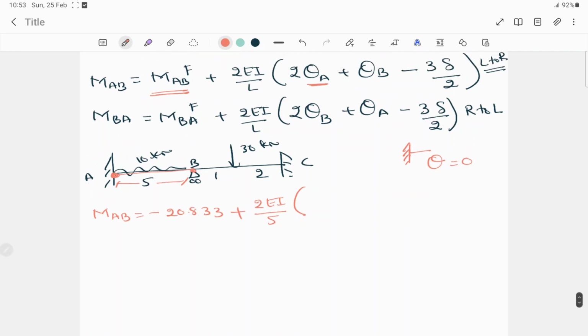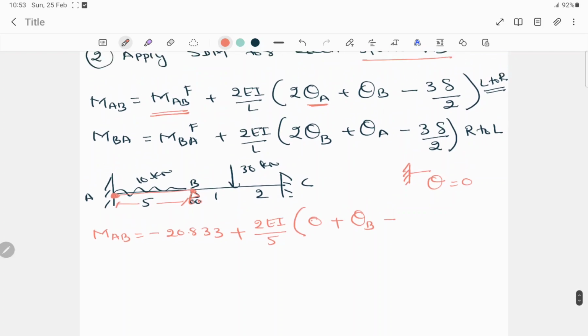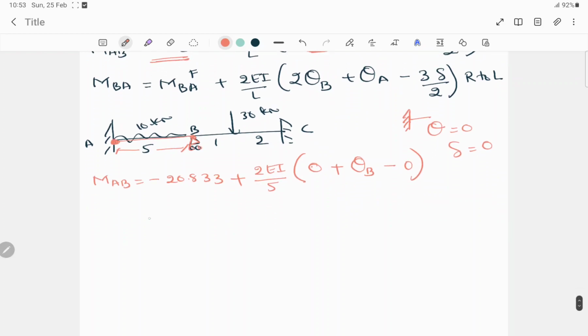So theta A will be 0, plus, here it's a roller support, right? Some value will be there, so we'll keep it theta B, minus, here in the question there is no deflection mentioned, so the delta value also we will take as 0. So it will be minus 20.833 plus 2EI theta B by 5.